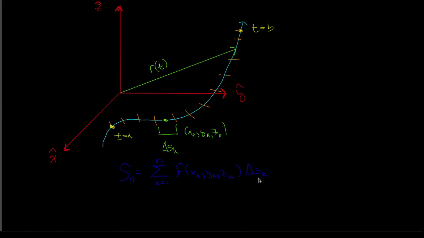then let's take a look. We'll say that r(t) is going to be some g of t i hat plus some h of t j hat plus some k of t k hat.